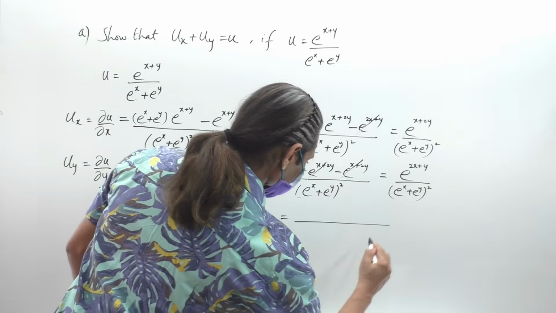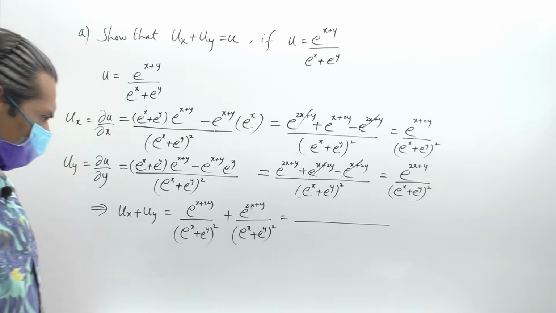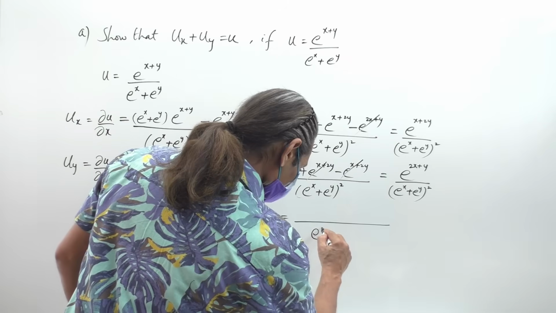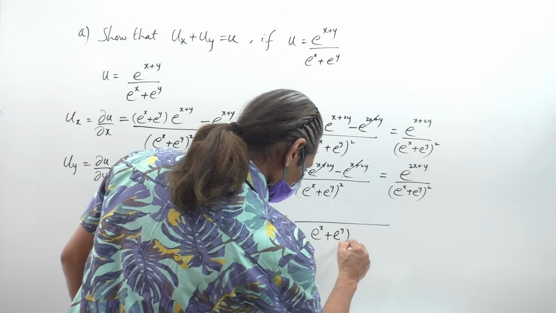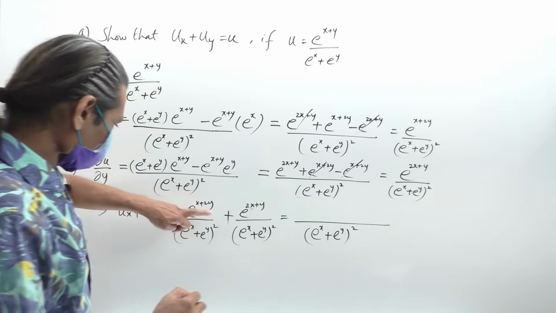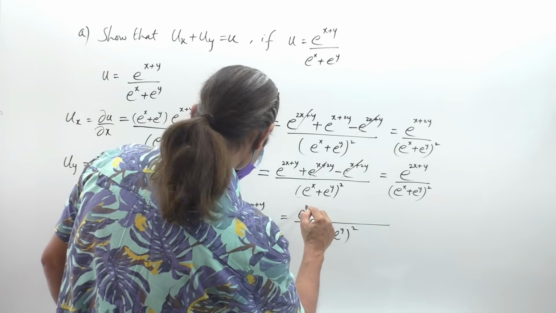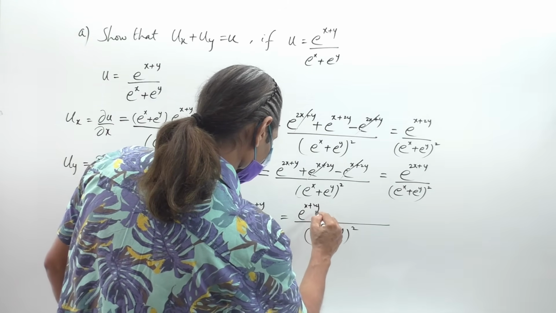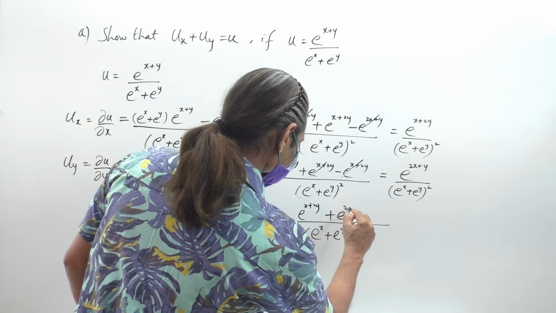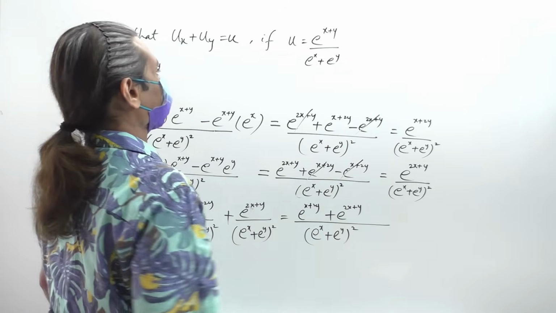Since the denominator is the same, we can add both the numerators. So the denominator is common, and if we add both, this is e raised to x plus 2y plus e raised to 2x plus y.